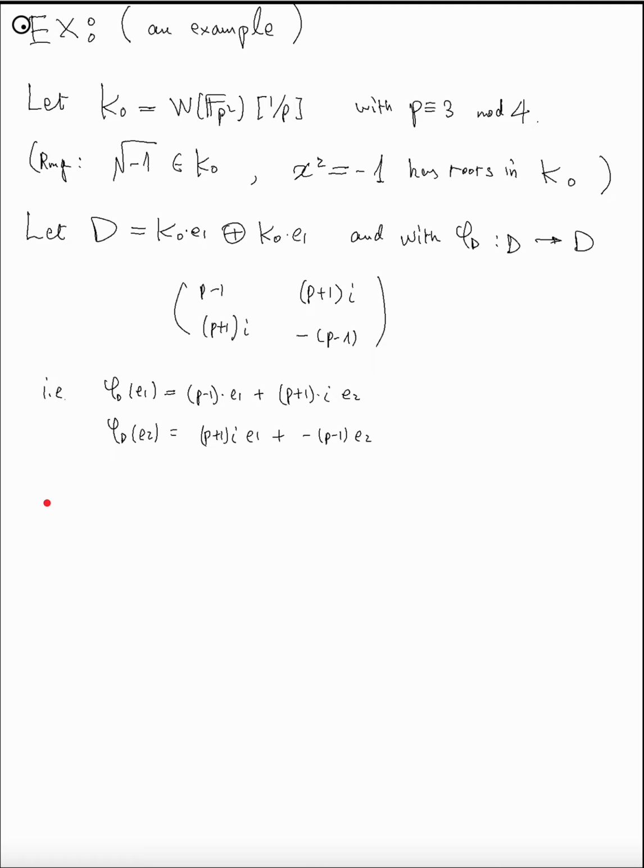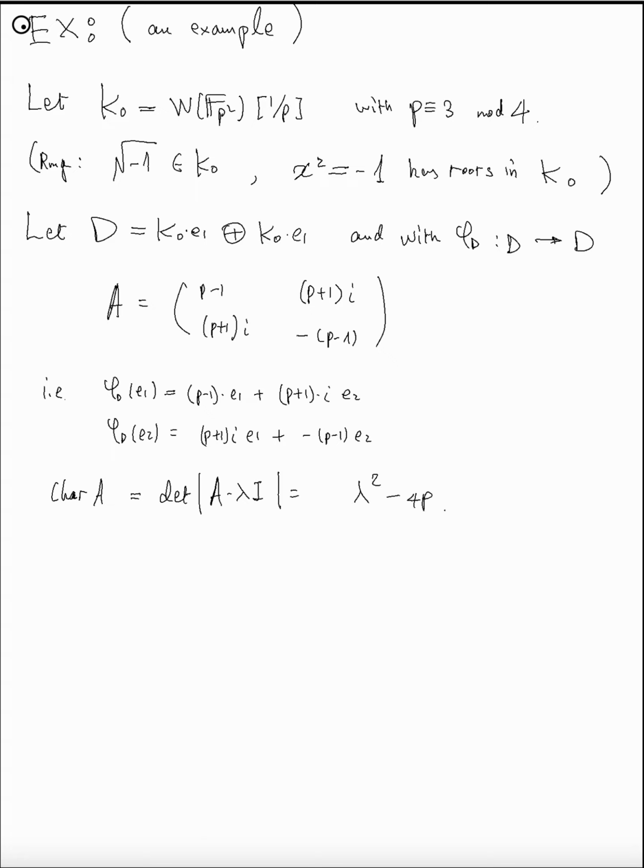So the characteristic polynomial, let me call this A. The characteristic polynomial for A is just the determinant of A minus lambda I. And that would be, if you compute, lambda squared minus 4p. You just compute it.